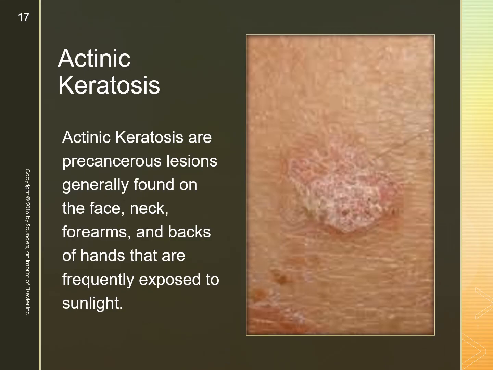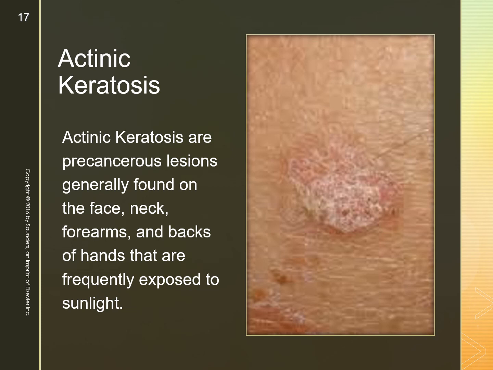Actinic keratoses are precancerous lesions that are generally found on the face, neck, forearms, and the backs of hands. In other words, basically areas that are frequently exposed to sunlight. They can become malignant if they're not treated or followed up on.